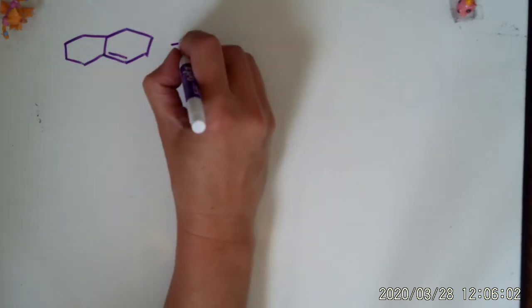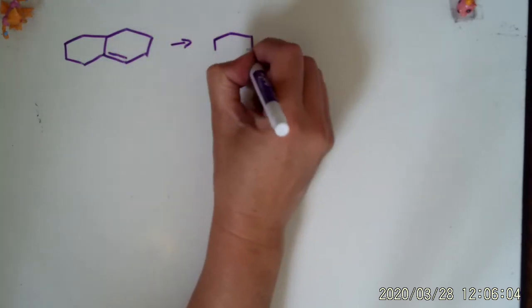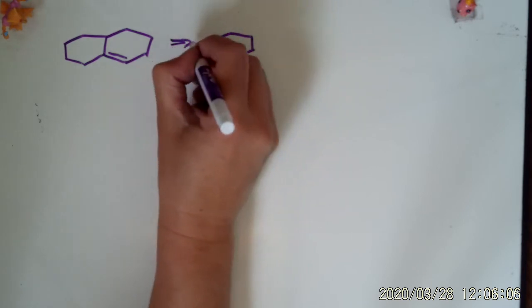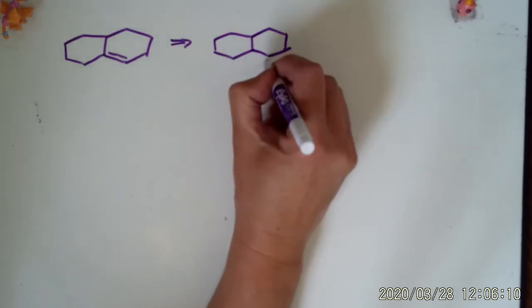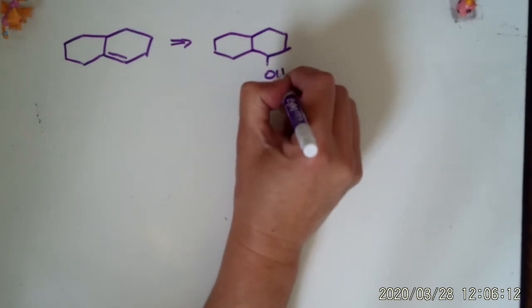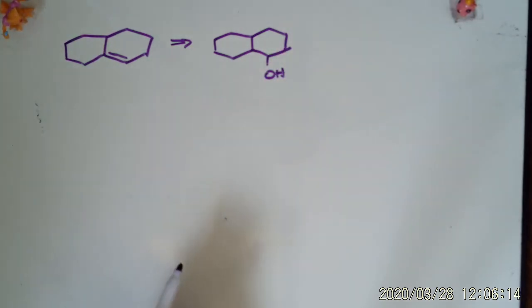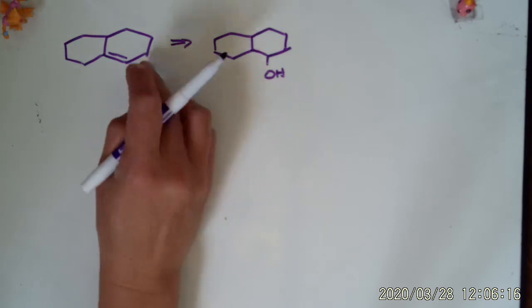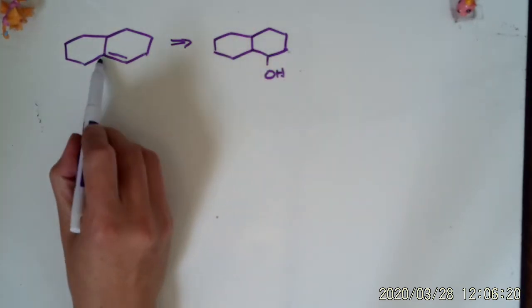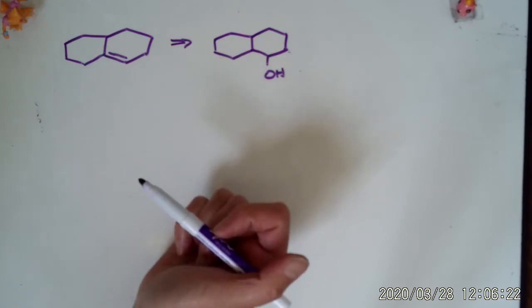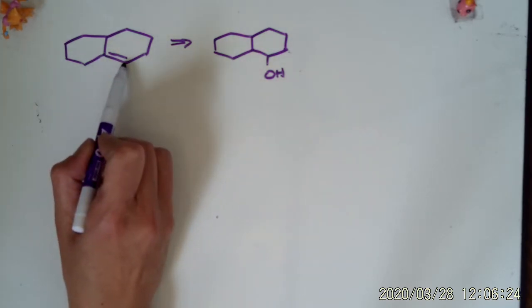Okay. How would you convert this alkene to the alcohol? If you look, this is the more substituted carbon, less substituted carbon.